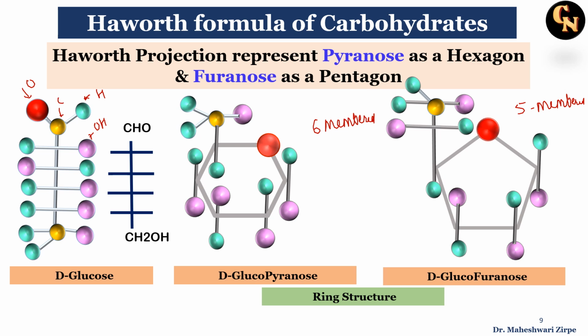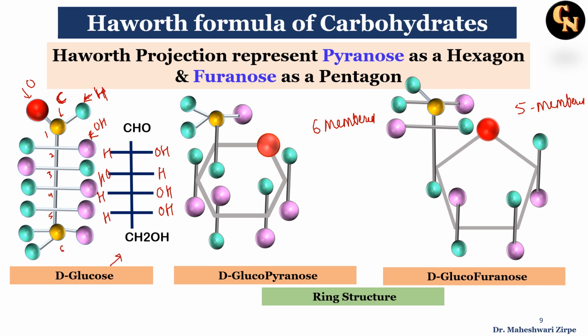So you can see here there are 1, 2, 3, 4, 5 and 6. All green balls indicate hydrogens. Yellow balls indicate carbon. Pink balls indicate OH and so on. So you can just write it down here: OH, H, OH, OH, H, H, OH and H.